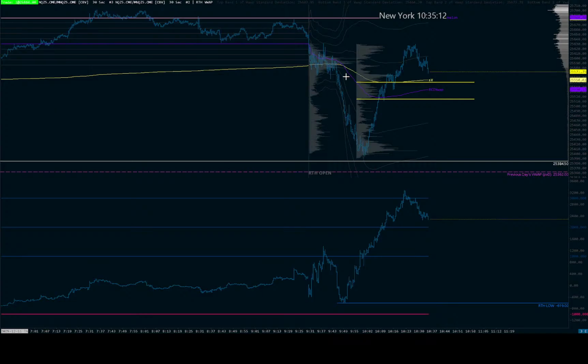So this was the high volume node that we talked about a little bit. And if we draw the extended rectangle, how do I not have a hotkey for that?